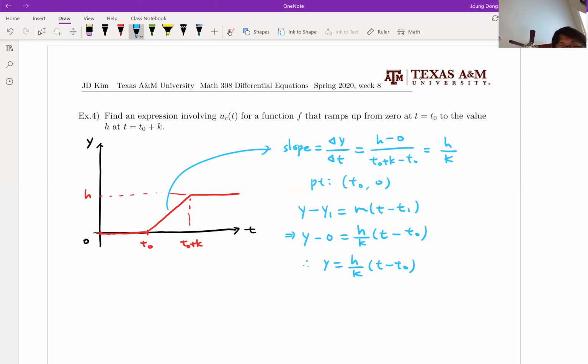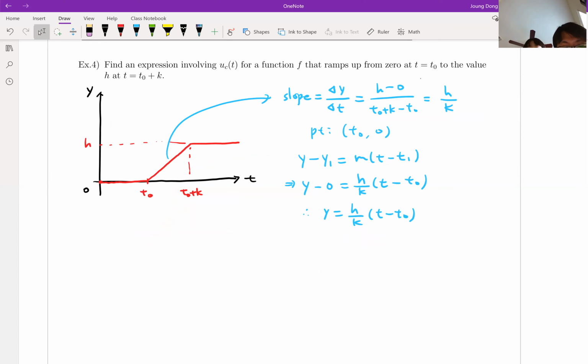Now let me try to write this function using unit step functions. y(t) is equal to 0 from the start until t0, but from t0 to t0 plus k it is the linear function.